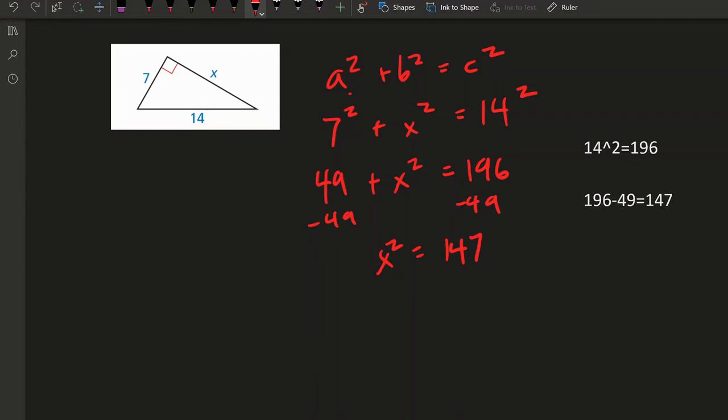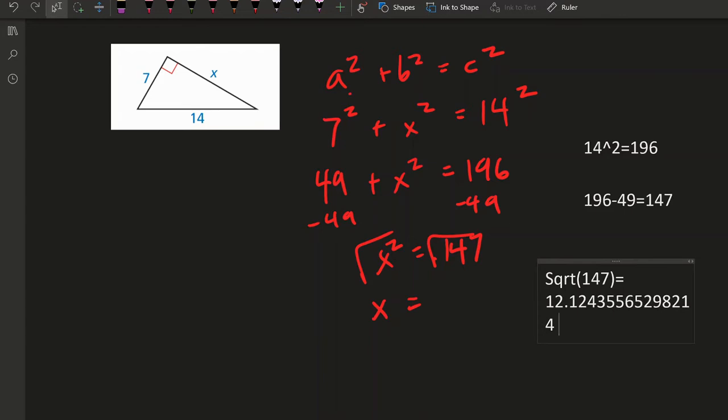I would then take the square root of both sides, and I would get X is equal to the square root of 147, which is 12.1243556529821. Now, this is an issue because this is an irrational number.